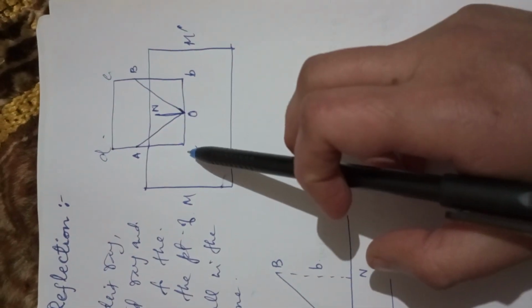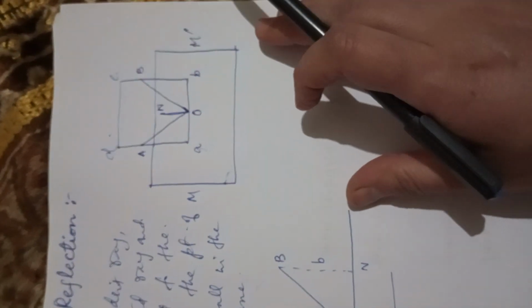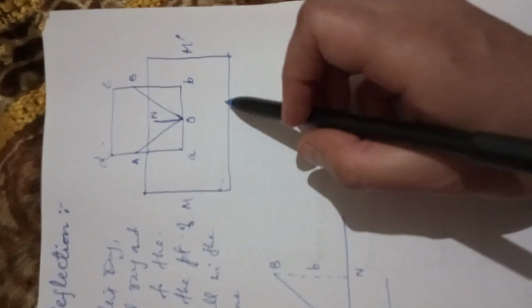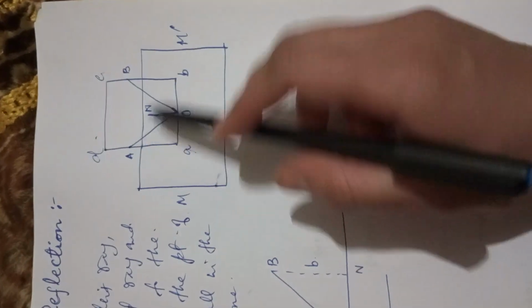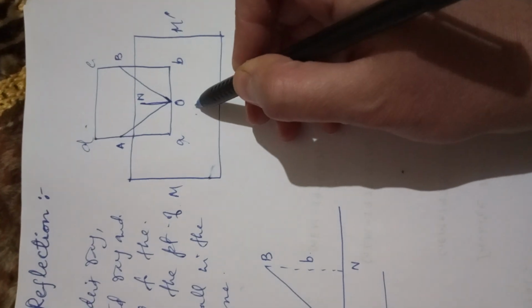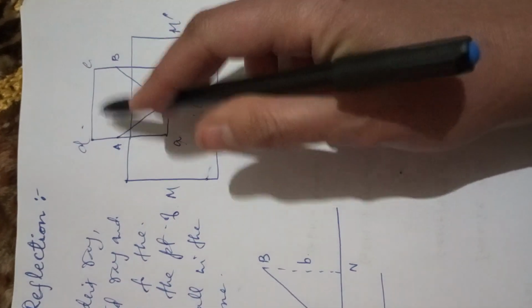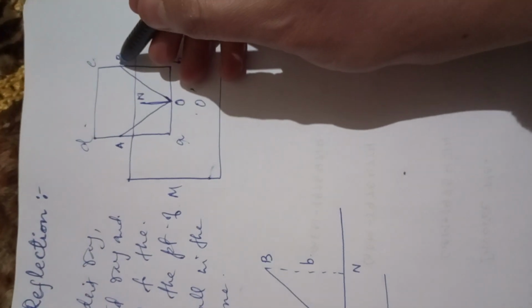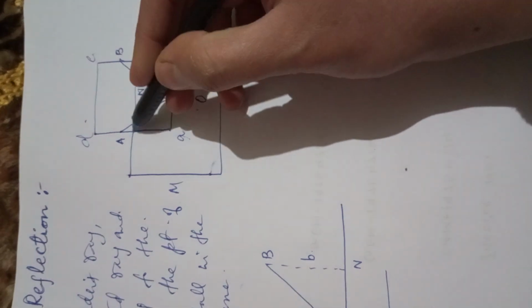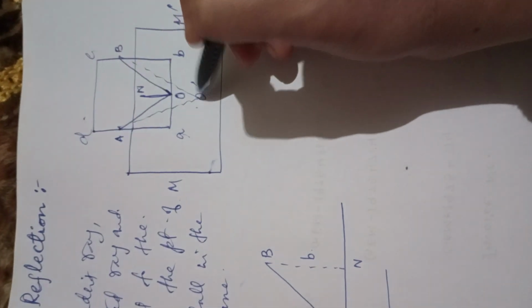So it is very obvious, very logical that all these three, incident ray, reflected ray, and normal, they fall in the same plane. But let us suppose otherwise, that they don't fall in the same plane. This means that A and B meet at some other point O dash, which is outside this plane. Then let me join BO dash. Let me join AO dash.